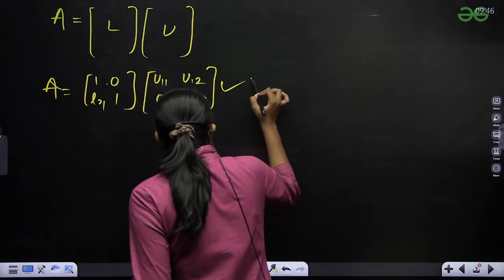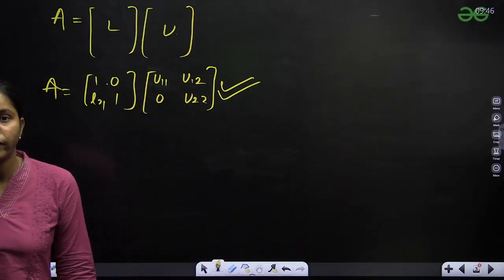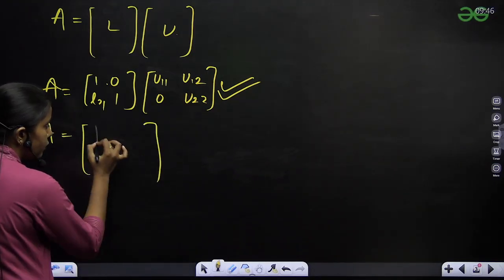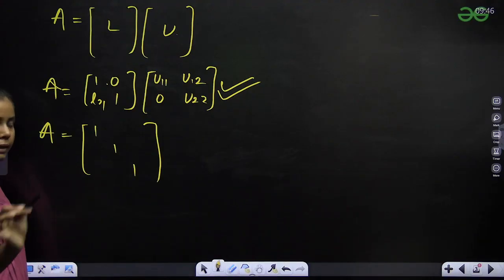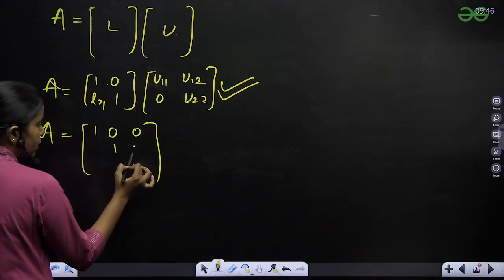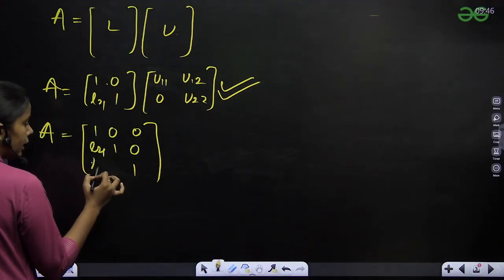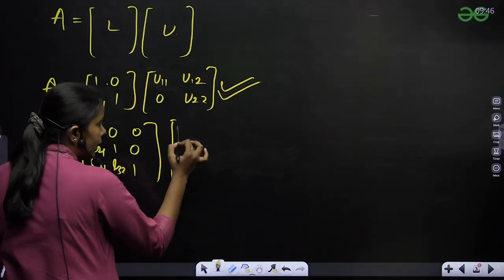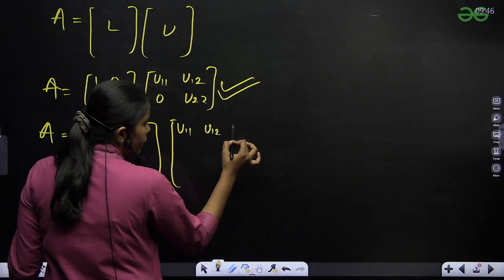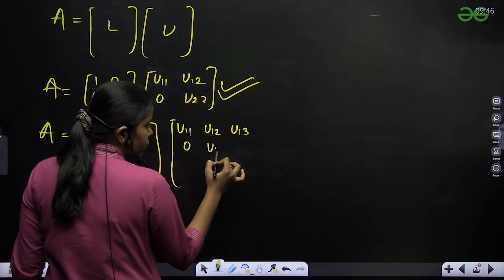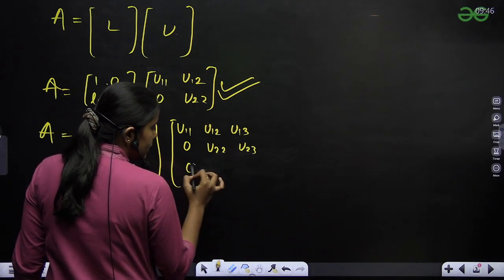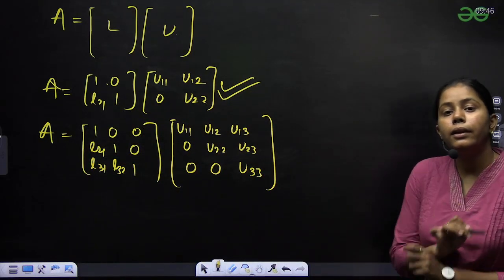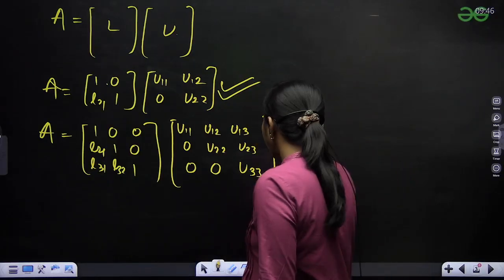How many values do I need to find? Fixing the diagonal entries of L as 1, I have L21, L31, L32, so 3 values here, and in U I have U11, U12, U13, U22, U23 and U33, so 6 values. In total we'll have 9 equations to solve, so it gets lengthy here.